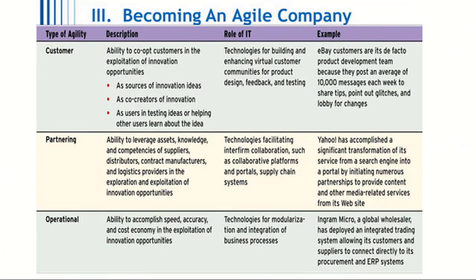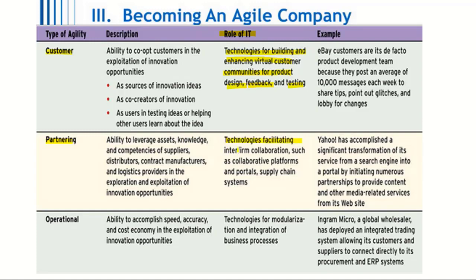Becoming an agile company. In terms of the customer, take note of the role of IT. If we are dealing with the ability to cope with customers in the exploitation of innovation opportunities, what's the role of IT here? Technologies for building and enhancing virtual customer communities for product design, feedback, and testing. In terms of partnering, what's the role of IT?